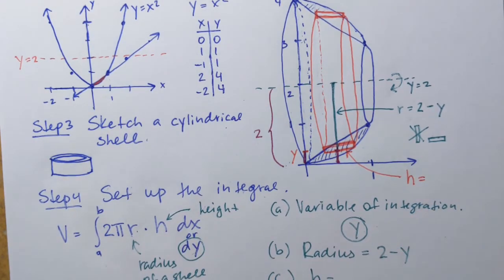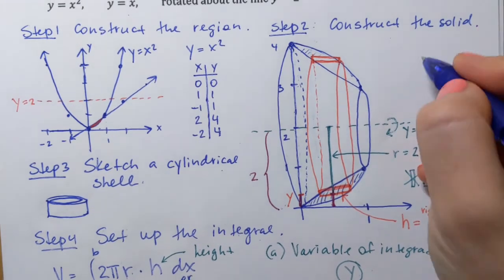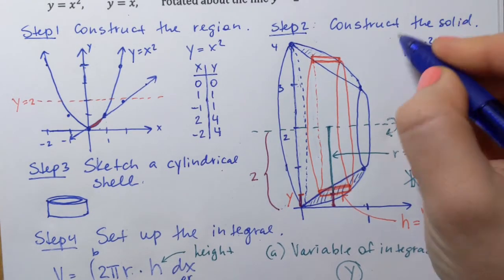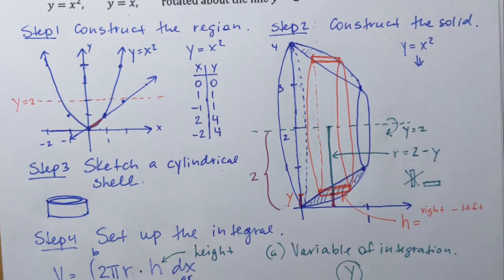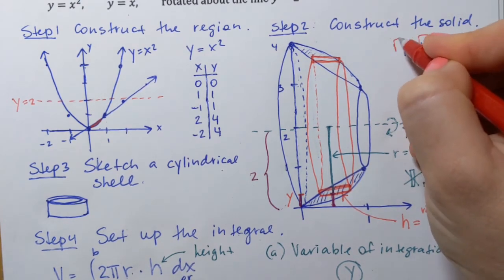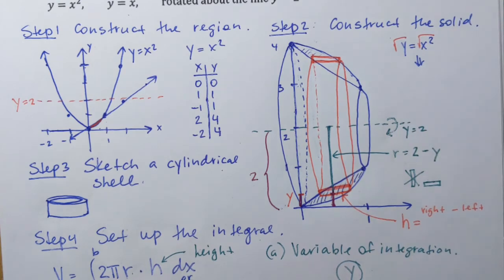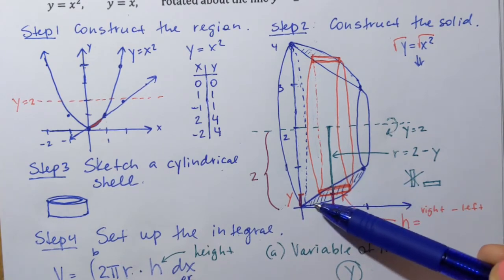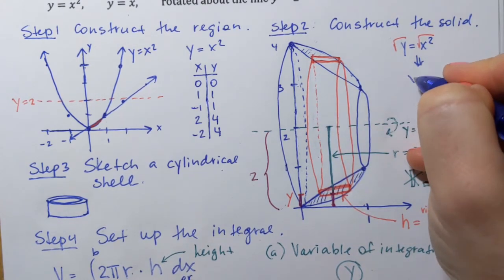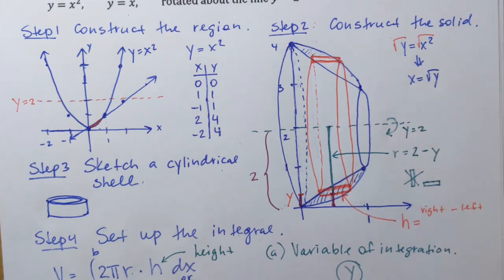So the height of the shell will be the right function minus the left function, and let's rewrite the functions as we need them. So the quadratic function y equals x squared, I'm going to rewrite by taking the square root of each side. In this case, I get both positive and negative square root of y, but since we only have the portion that's above the x-axis, it's simply x equals square root of y, the positive one.